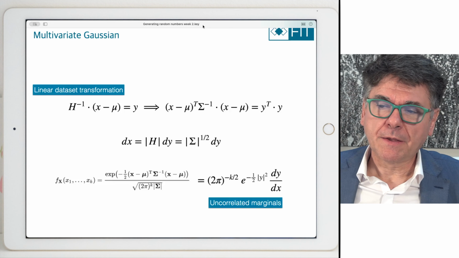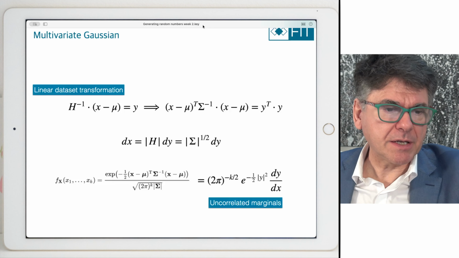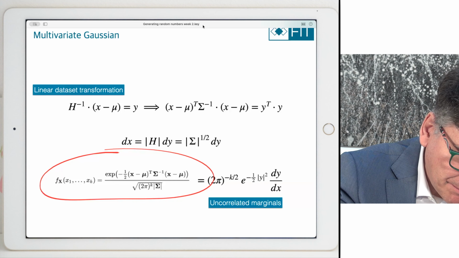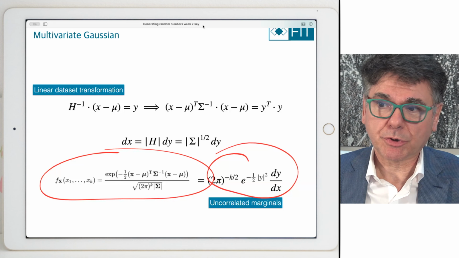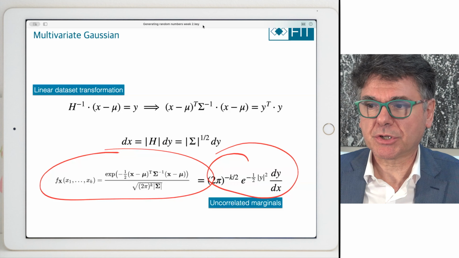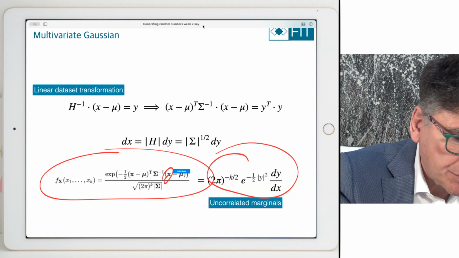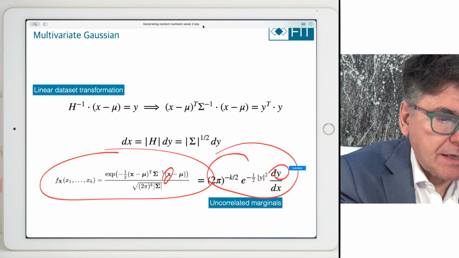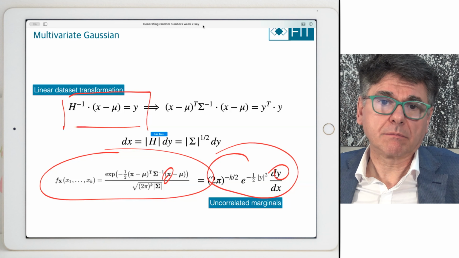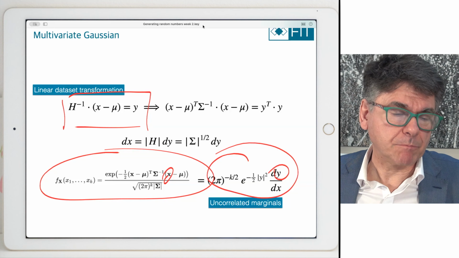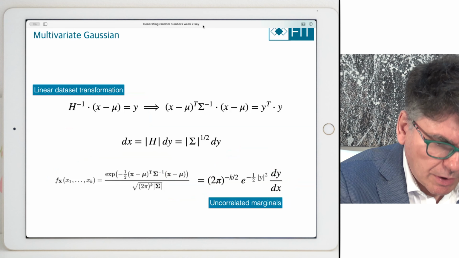This is to show you that the sampling of my Gaussian distribution is the same as the sampling of a one-dimensional or circular Gaussian distribution after the change of variables y. So instead of sampling x, which is hard, I sample y, which are related through a linear transformation. This is the key to understanding how we do sampling for Gaussians in high dimensions.